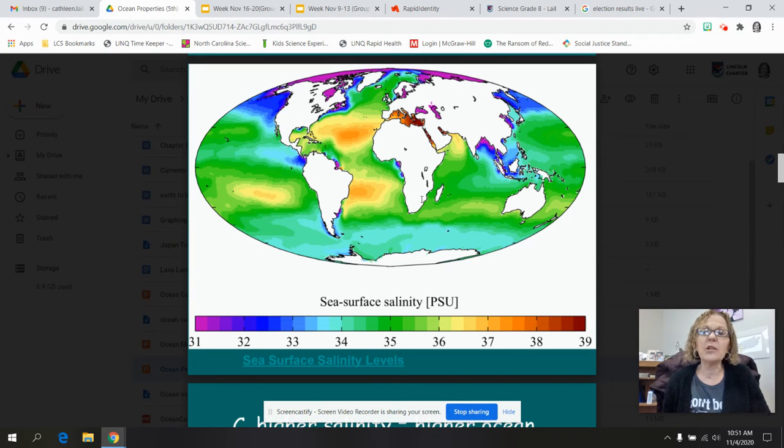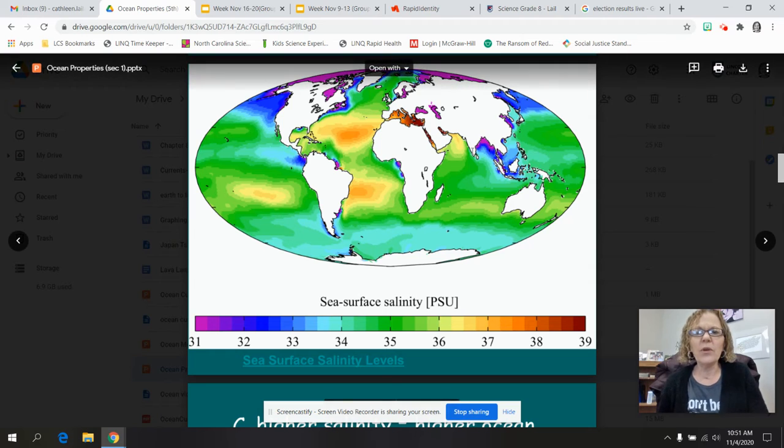Now, it's right around 35 PSU, that would be 3.5%. The PSU is just talking about the salinity units, okay? So you want it right about 35. So anything that you see in the green is good. That's about average.